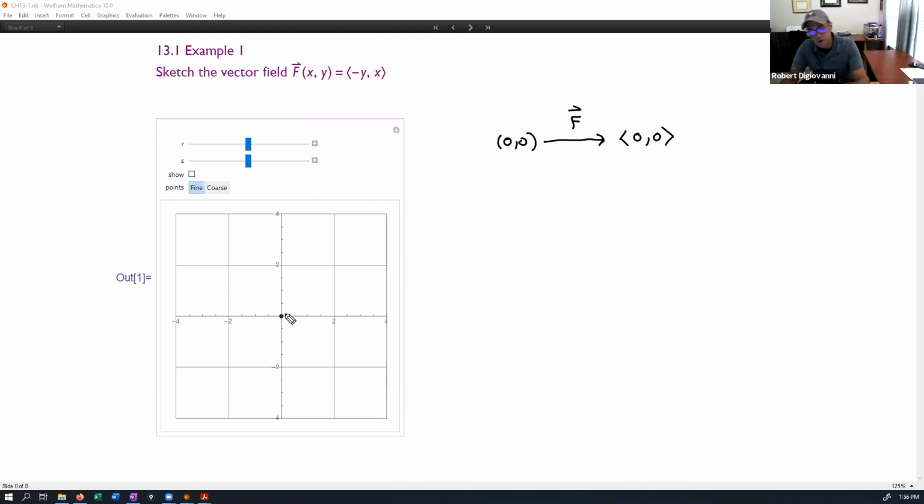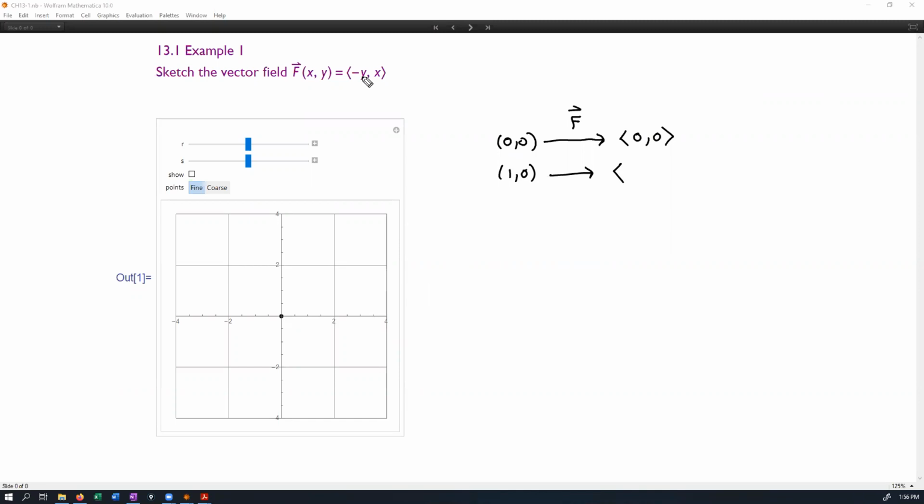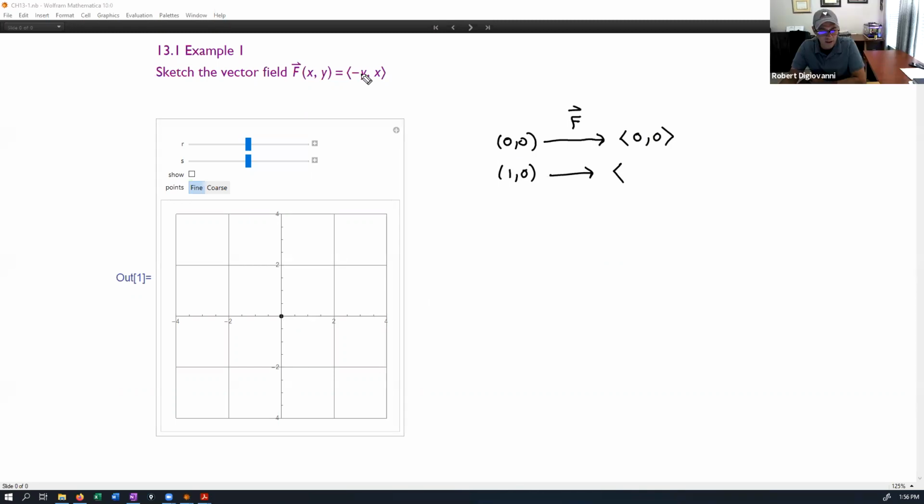So let's go to another point. Let's go to the point, how about 1, 0? That would be about right here. If I move there, what does the vector field look like there? So I plug in, let's see, the vector field says you take the negative of the y coordinate, which in this case would be negative 0, and then the x coordinate, which would be 1, which is the same as the vector 0, 1.